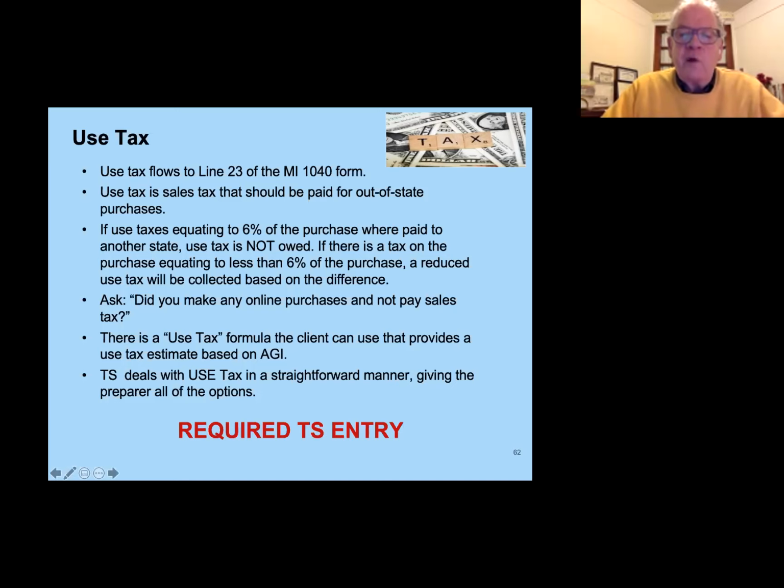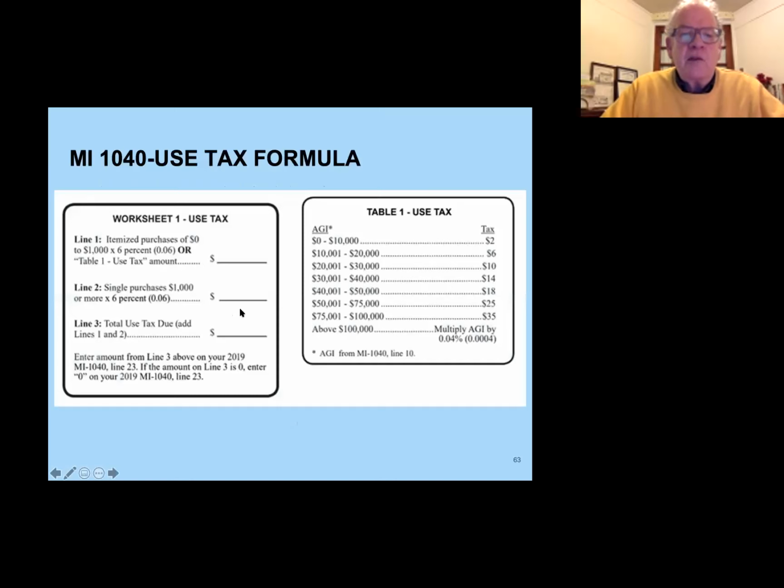So they have a formula that you can use, but we pretty much zero this out. It's rare that we'll have a client that will say they had something like that. So in most cases, we zero it out. But the teaching in this class tonight is that you should ask, not just assume, but you should ask.